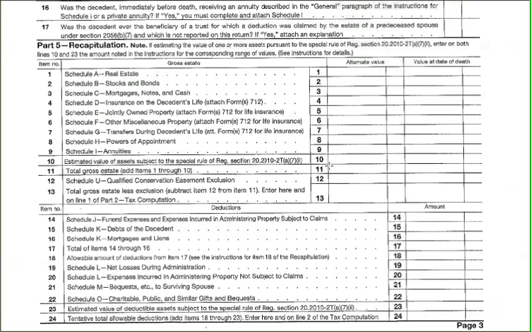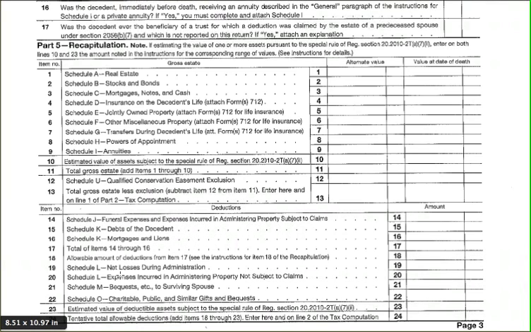This gets carried to the first page of the Form 706. Schedules J through O are for the various deductions that are available, and you can see them listed here. The amounts in the recapitulation flow up to Form 706, page 1, lines 1 and 2.